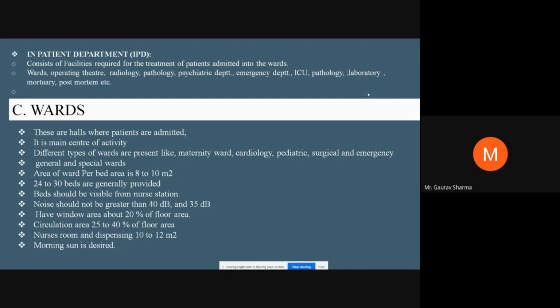Again, circulation, as I discussed earlier, is the most important thing, because wards will be the most crowded area, and therefore 25 to 40% of the floor area is reserved for the circulation of patients, medical staff, nursing staff, and visitors too. The nursing room and the dispensing should have a separate area of 10 to 12 square meters, and morning sun is desired. That is what I discussed.